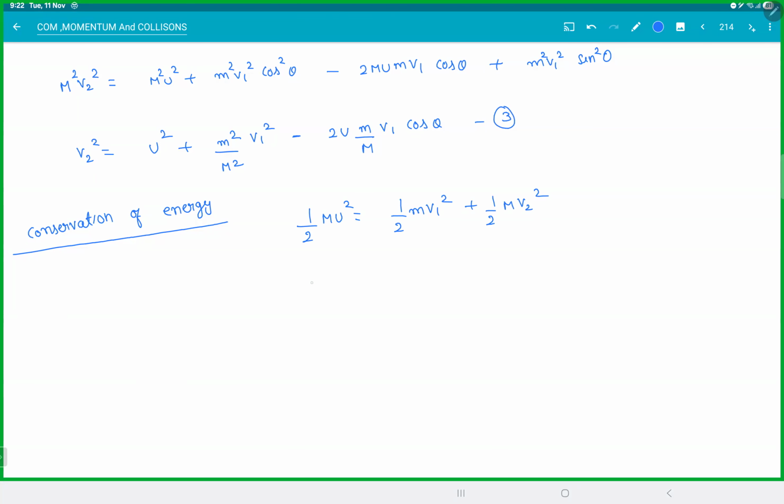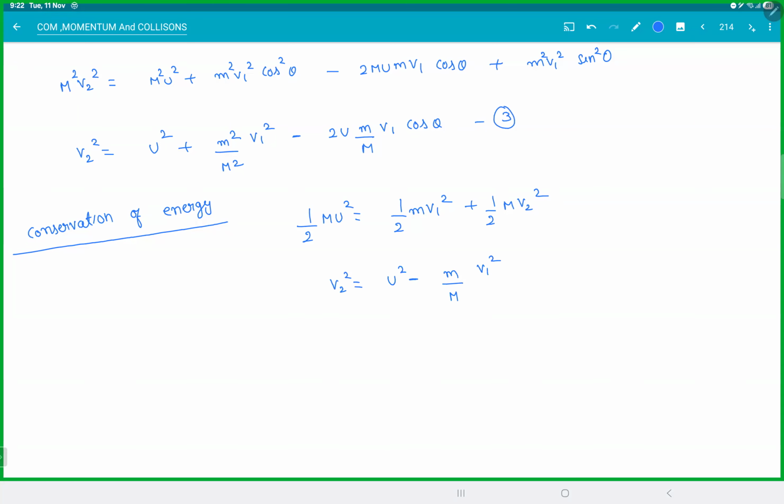So half goes off, you end up with, let's write this thing directly. v2 square will be, half will go off, that will be u square minus m by M v1 square.